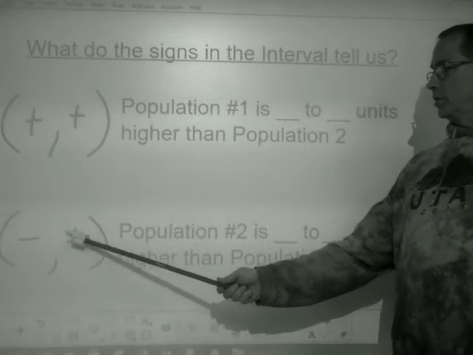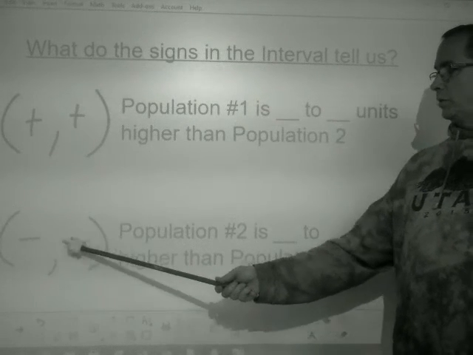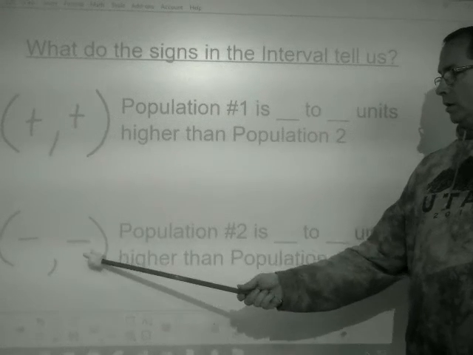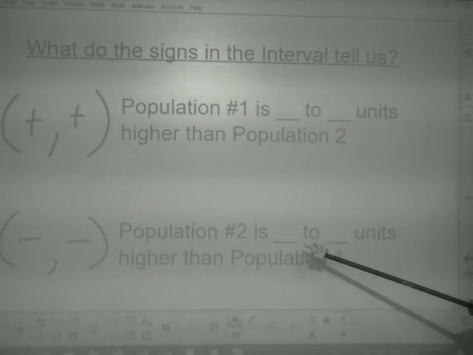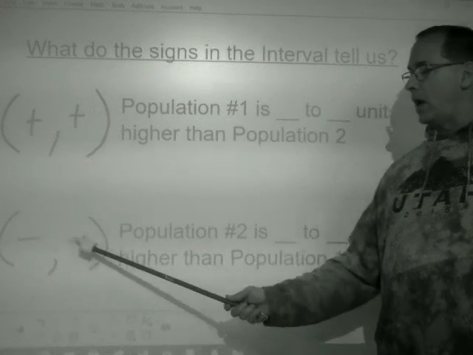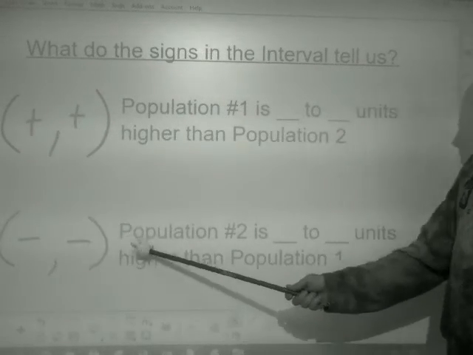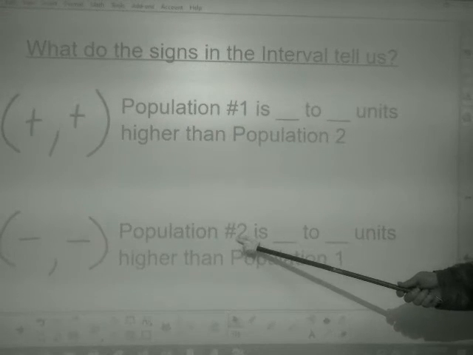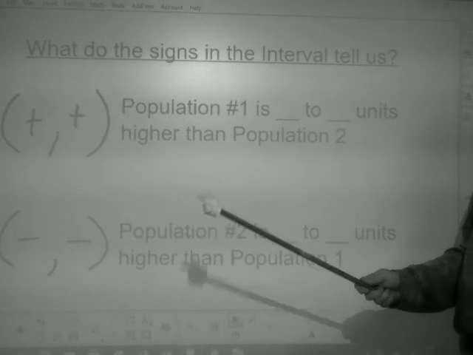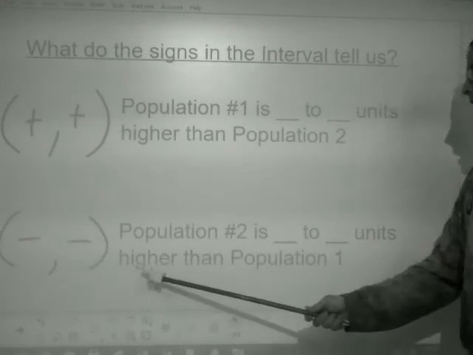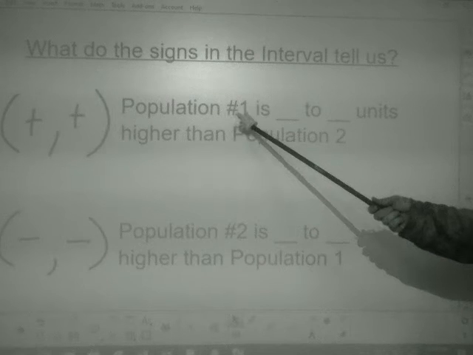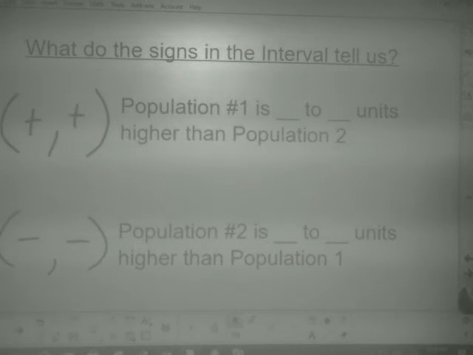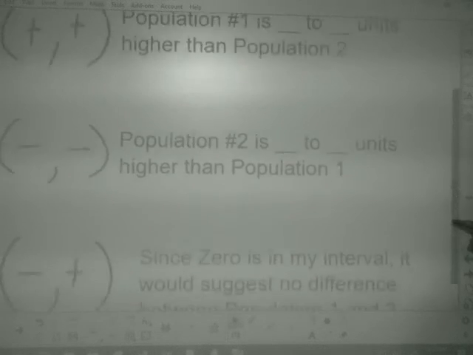We read this one first because the way that negative numbers are written in parentheses, this will be the lower one, to this number, higher than population 1. When we read these numbers, we disregard the negative signs. The negative's just telling us population 2. But whatever the number is, we just read the number itself from here to here, higher than whoever population 1 is. And instead of writing population 1, you actually use the words of the problem or whatever you define population 1 and 2 to be.